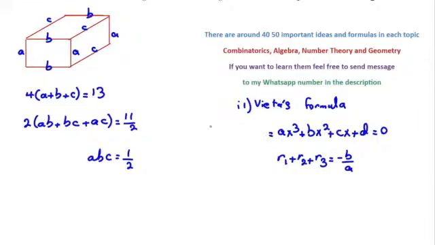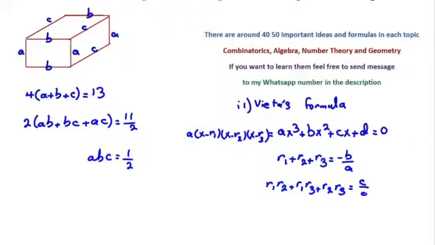You can write it as a times (x minus r1)(x minus r2)(x minus r3), and then consider the related coefficients, then you can prove it for a general polynomial of degree n. We have Vieta's formula: r1 r2 plus r1 r3 plus r2 r3 equals c over a, and r1 r2 r3, the constant term, is negative d over a.